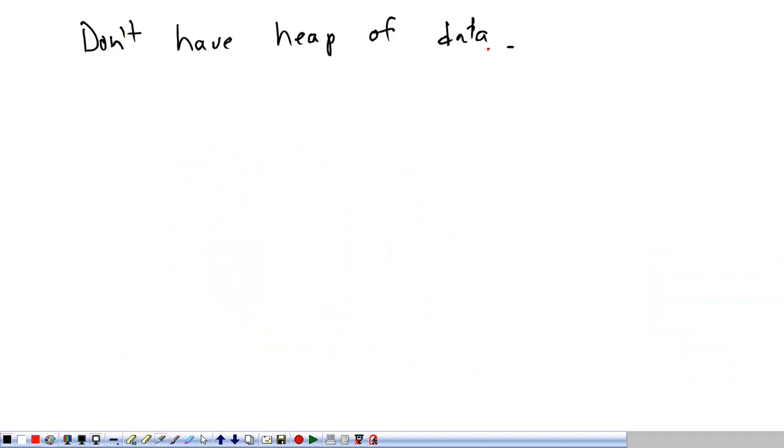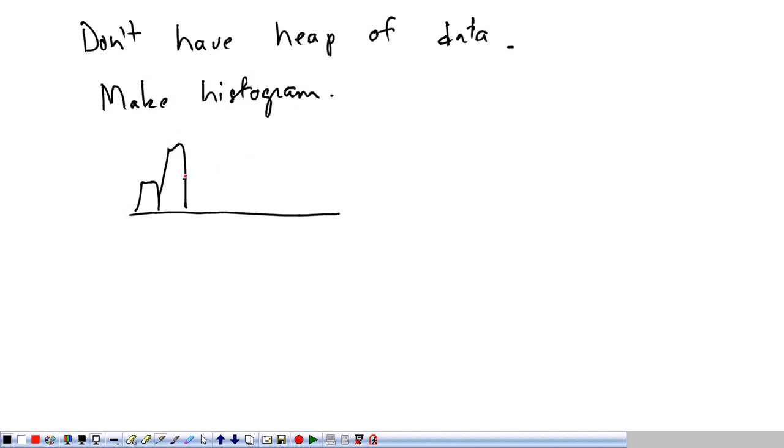What we do is we make the histogram, which we should be doing anyway. Let's suppose the histogram looks like this.